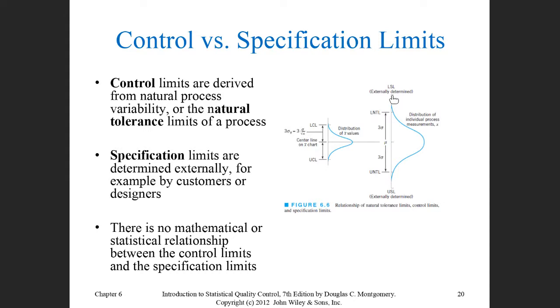So any points that exceed the control limits will not exceed the specification limits. Those are very important. And lastly, there is no mathematical or statistical relationship between control limits and the specification. The specification is from the designer, the control limits from the actual run data.